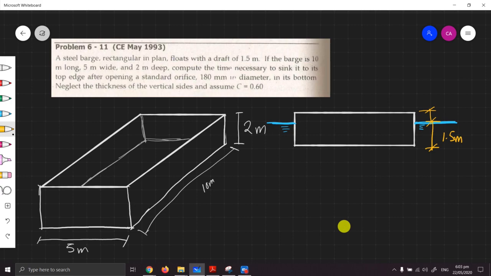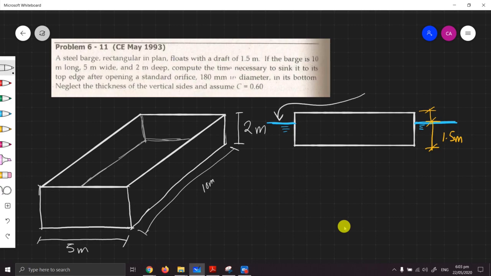Okay? Ibig sabihin nun daw, nakalubog siya ng 1.5. Alright? So, in this scenario, kapag lumulubog yung barge, meron siyang tinatawag na constant head. Okay? Ibig sabihin nun, hindi naman nagbabago yung elevation ng water na to.